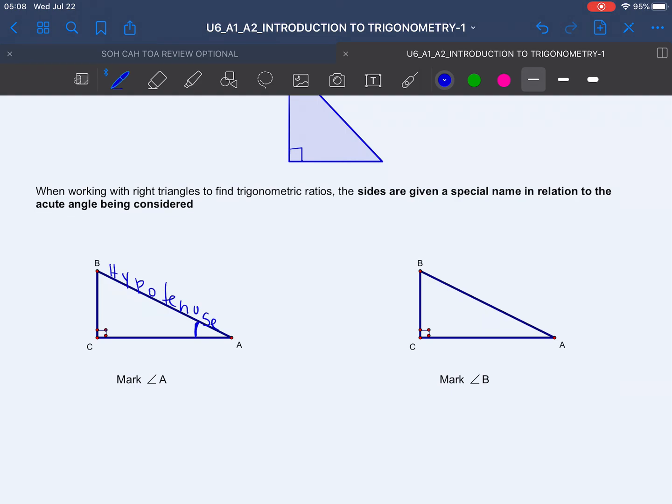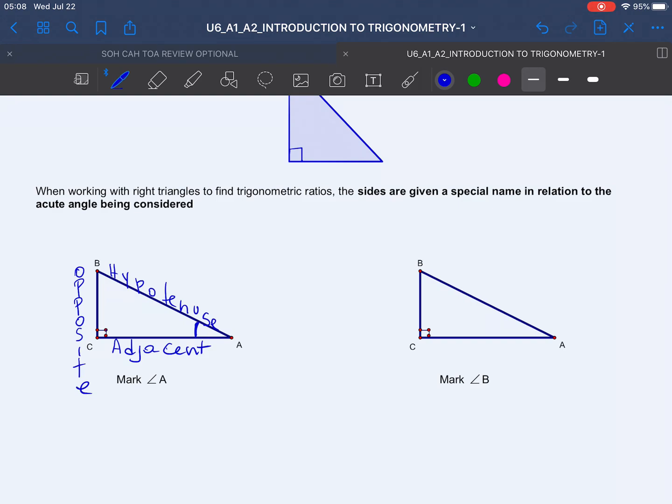Angle A will always have two arms, just like all angles out there. One of the arms of the acute angles will always be the hypotenuse due to the position in the triangle. And the other arm of the angle is what we call the adjacent, because it's next to the angle. The third side of the triangle is what we call the opposite to angle A.